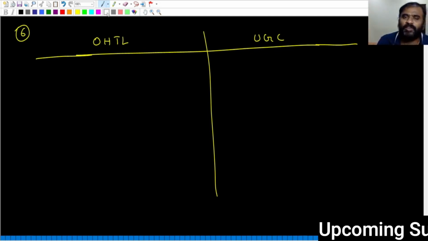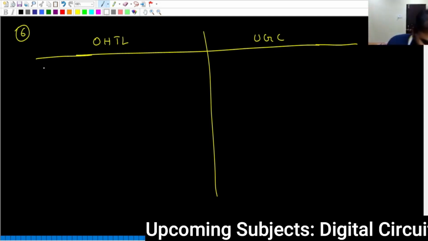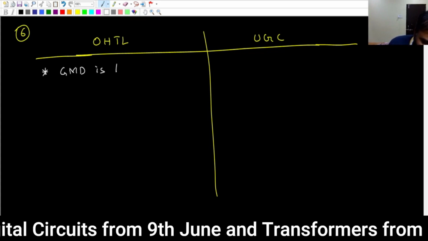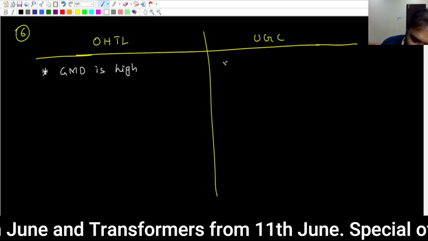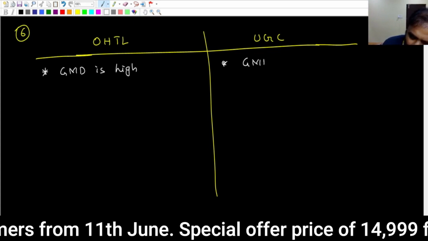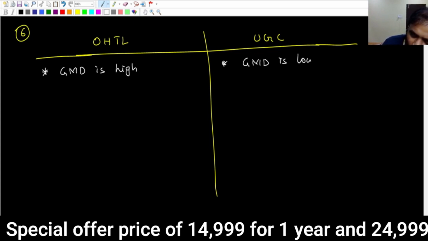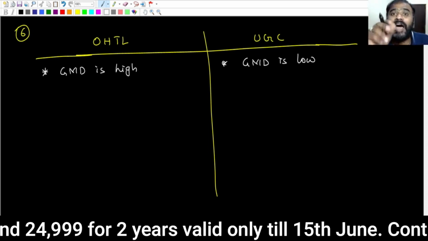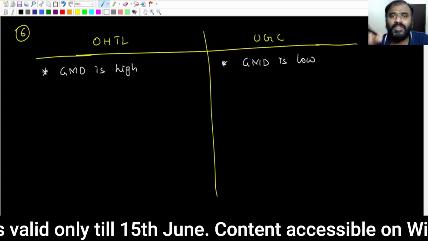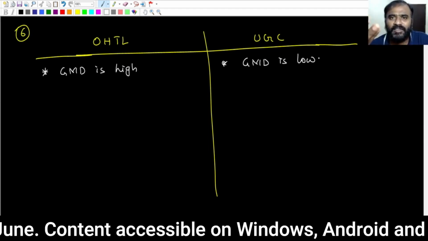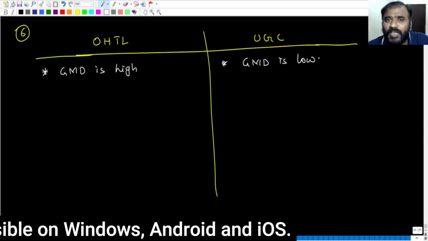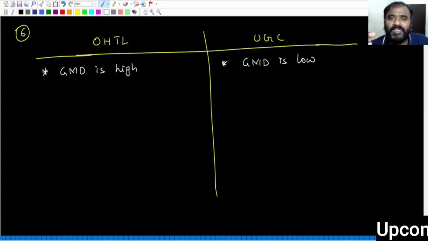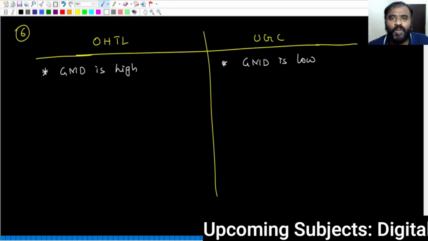Spacing between them is low means GMD is low. So comparison wise, here GMD is high, and here GMD is low. Inductance is directly proportional to ln of GMD by GMR. If GMD is high, inductance is high. Capacitance is inversely proportional to ln of GMD by GMR. If GMD is high, the ln function is high and capacitance is low.